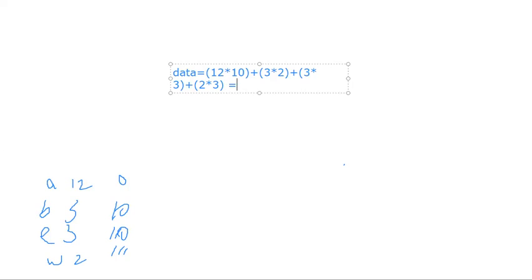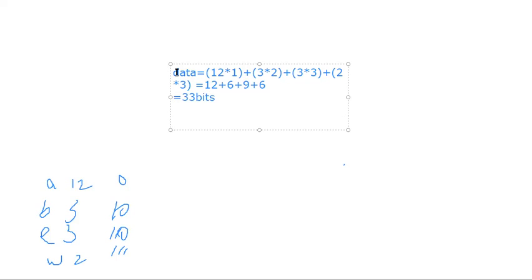When you calculate, 12 into 1 bit is 12, plus 6, plus 9, plus 6, which is completely 33 bits.